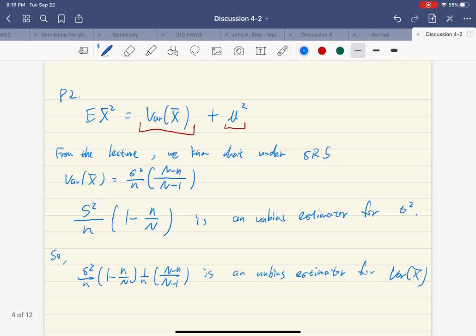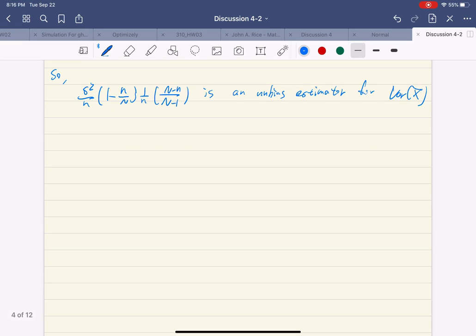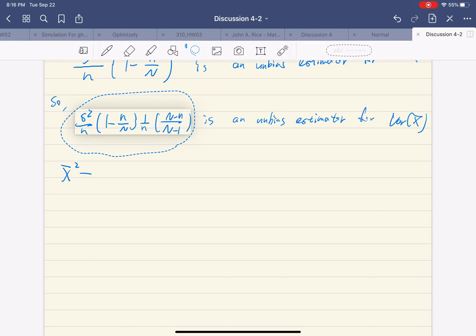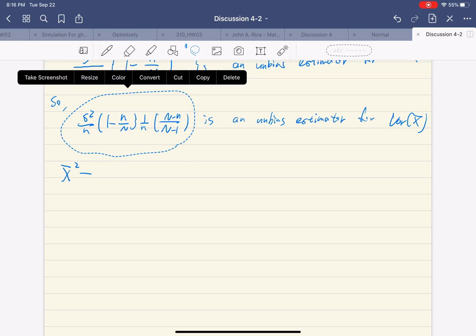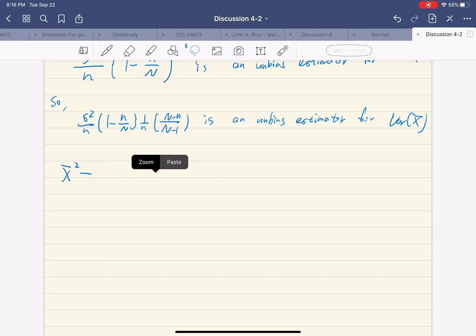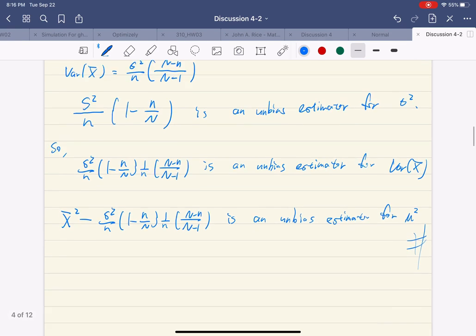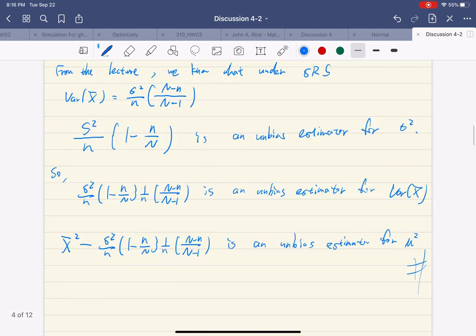Then S bar square minus this quantity, let's copy it and paste it in here, is an unbiased estimator for mu square. Okay, that's all.